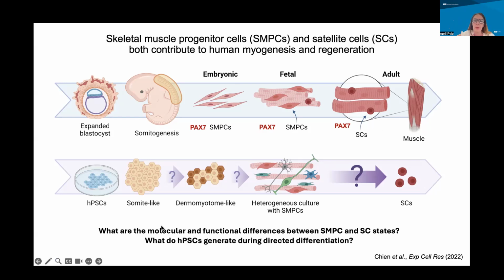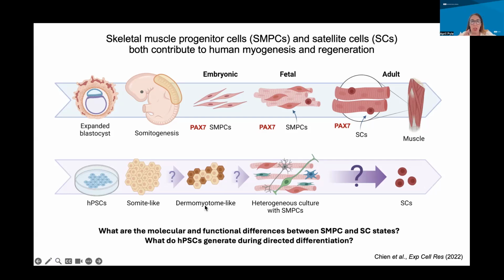And so in the lab, we really strive to understand what the key growth factors, key signals, and key supportive cells are that drive this formation of skeletal muscle, so the paraxial mesoderm at the expense of the lateral plate mesoderm. We've spent a lot of time trying to understand how to make somite-like cells in a dish, and the next stage are dermamyotome-like cells, all of which closely align with what happens in development.